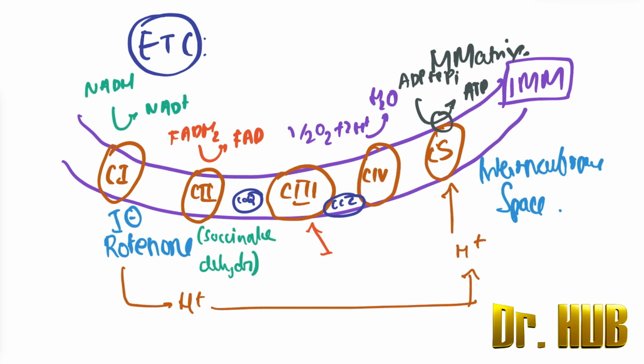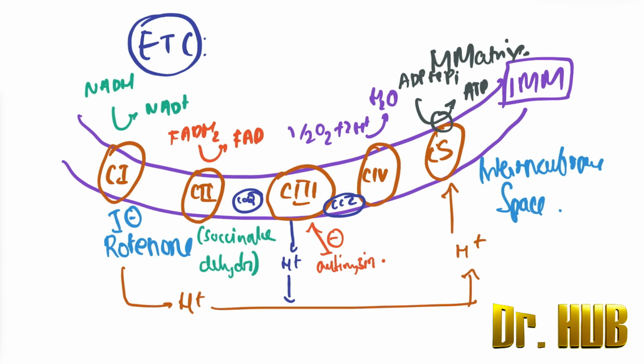Next there is the presence of H plus. Again the H plus adds on and then goes to complex 5.